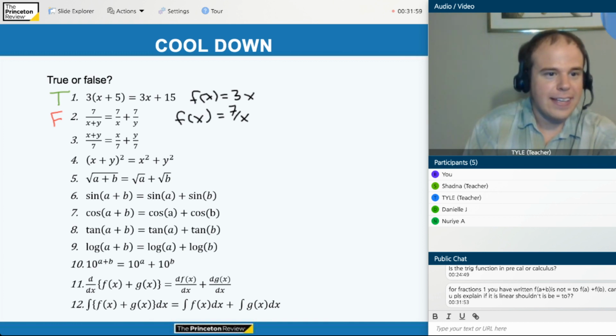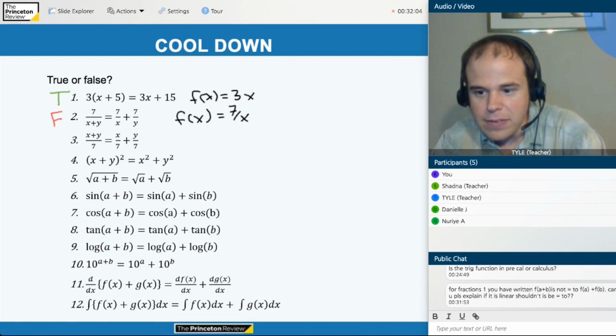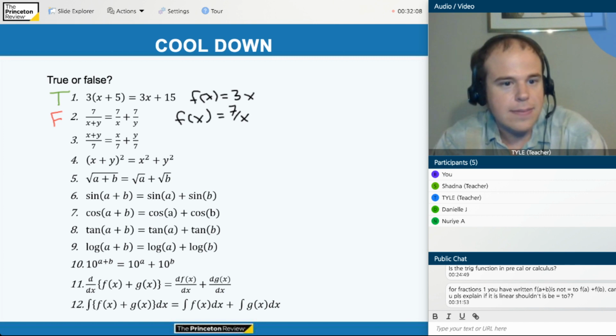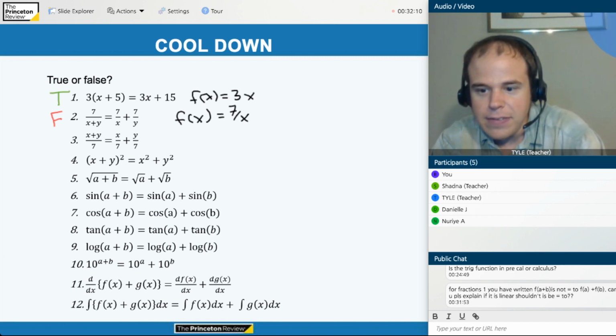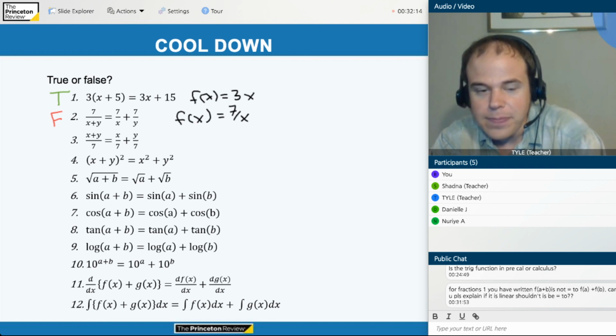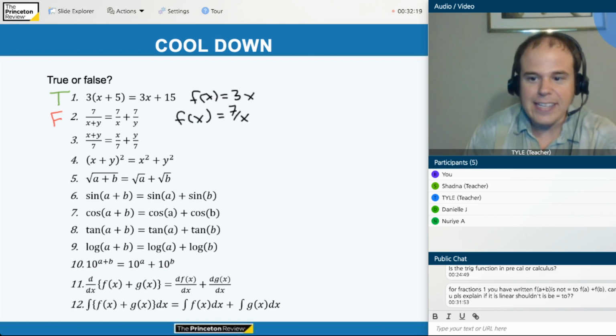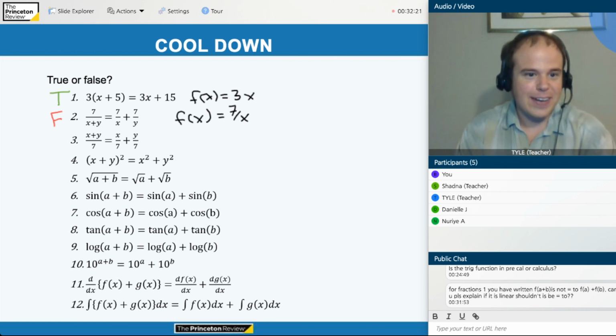This third one, I see a question. For fractions 1, you have written f of a plus b is not equal to f of a plus f of b. Can you please explain if it is linear? Shouldn't it be equal? Yeah, great. Thank you. That's a really good question. Hopefully what I'm about to say will answer the question, and if not, let me know.